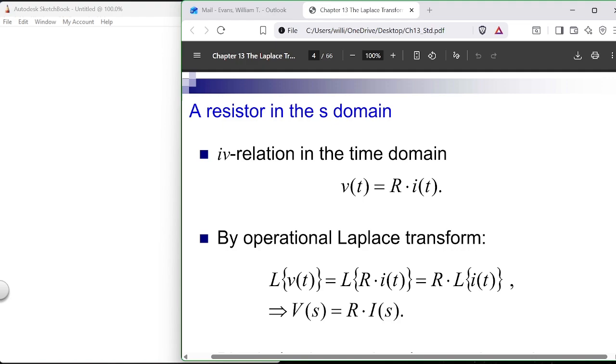In the time domain, this is what you have right here. But in the S domain, this is what you have right here.